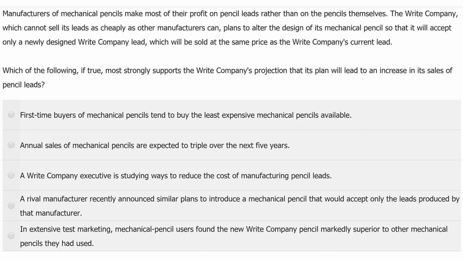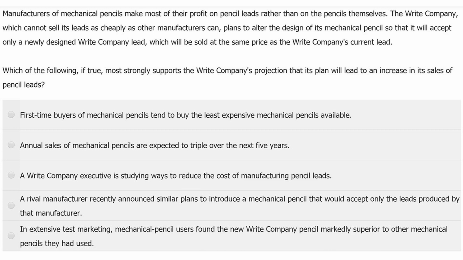A doesn't even mention the Wright company, and we don't like that. B is tempting because it does say sales in general are going to increase, but it's not good enough because even if sales in general are going to increase, that doesn't prove that sales of our particular mechanical pencil will increase. C is quite weak because it only focuses on one company executive studying certain ways.